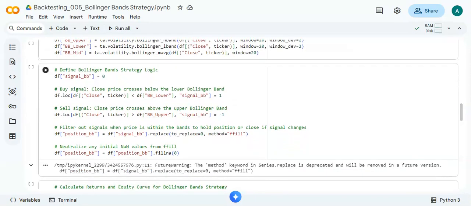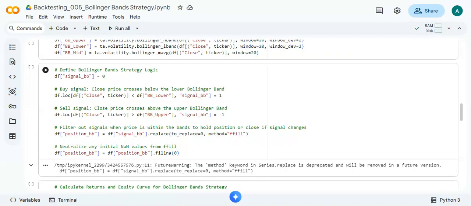And here it's the signal again, as you can see, as I explained already. So what we'll do, we buy, for example, when the closing price is less than the lower band, meaning positive one, and we sell vice versa, it's negative one.